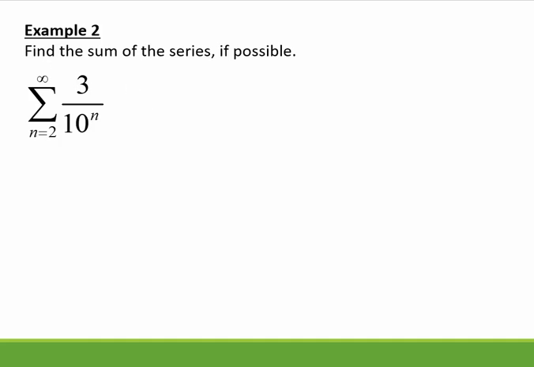Find the sum of the series if possible. I want us to look at this and notice something. I start with that, and then I'm going to add in what I get if I plug in 2, now if I plug in 3, and then I plug in 4, and so on.